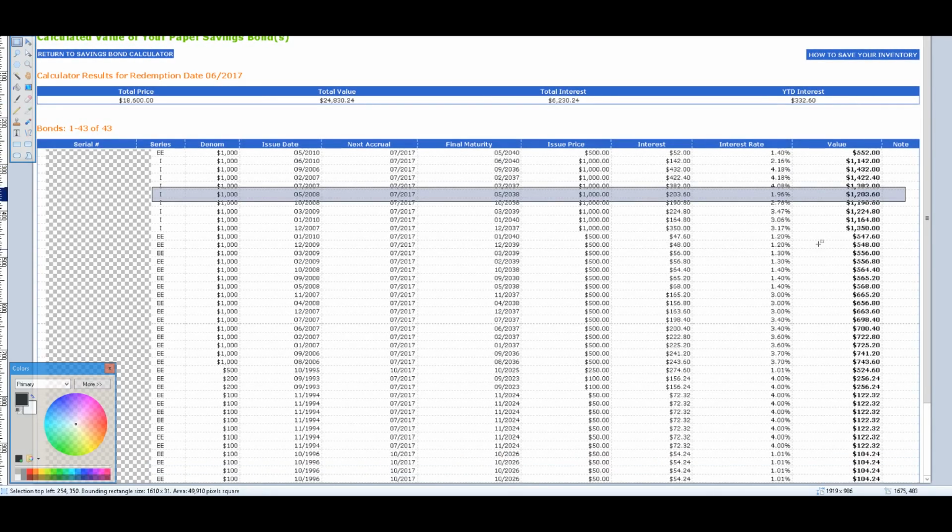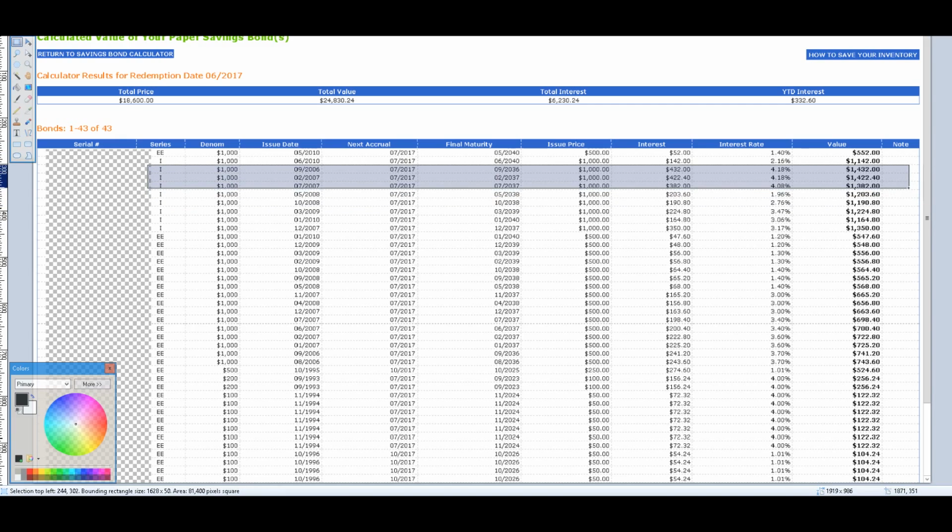But the inflation rate and the fixed rate that you buy it at are the most important things to look at when you're purchasing I bonds. You can see that right now in the year 2017, I do have a couple I bonds that are over 4%. These are ones that were purchased in 2006, 2007.